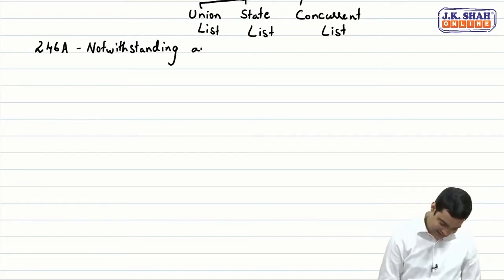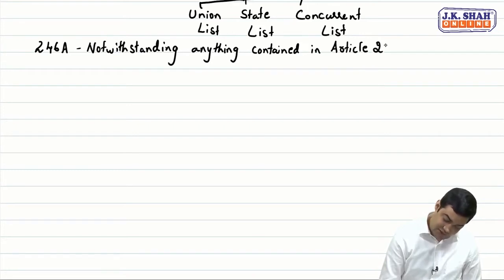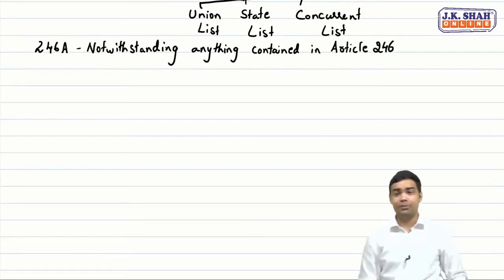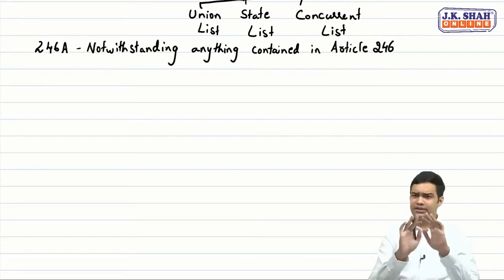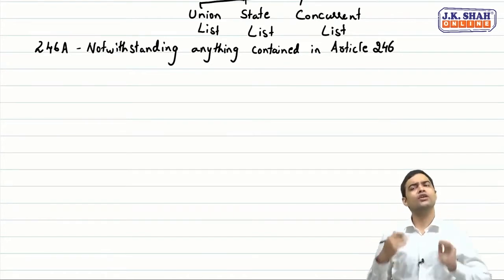Notwithstanding anything contained in Article 246. That means Article 246 is very powerful. It says, please don't listen to anything which is said in Article 246 when you are reading me.